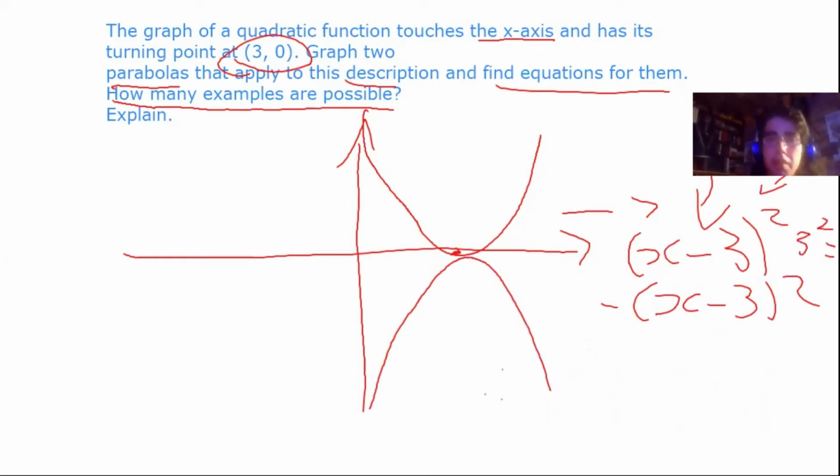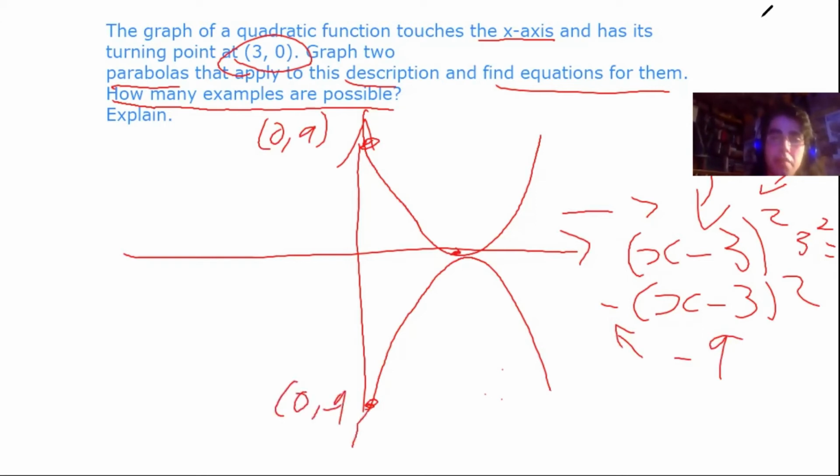So on our graph, we will plot (0, 9). Again, you'd want to be more meticulous using a ruler just to make sure at that position. Whereas here, it's going to be the same answer, but because we've got a negative out the front, it's going to become -9. So our graph down here would have a y-intercept of (0, -9).